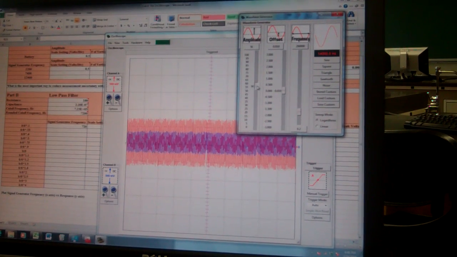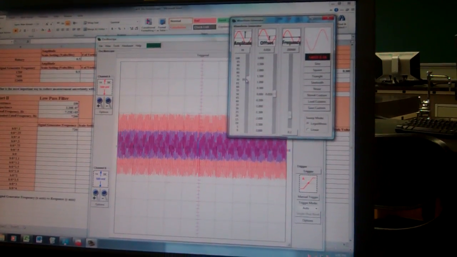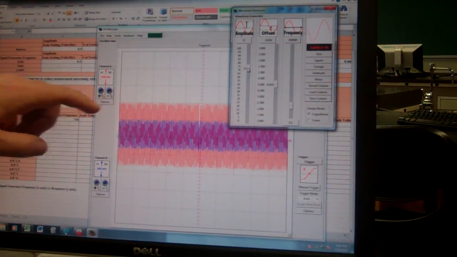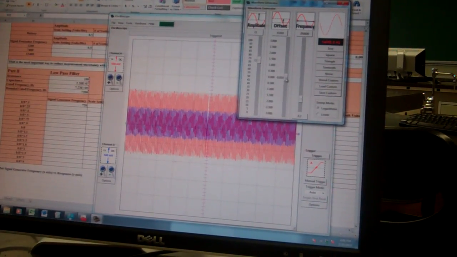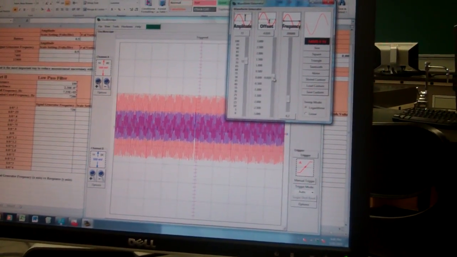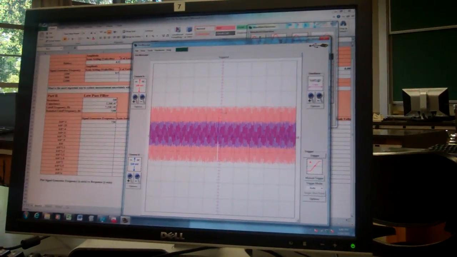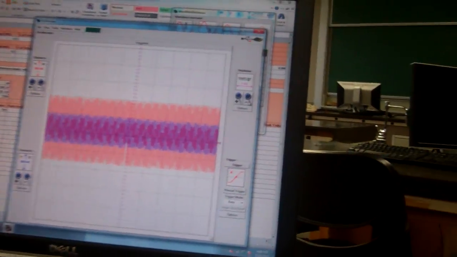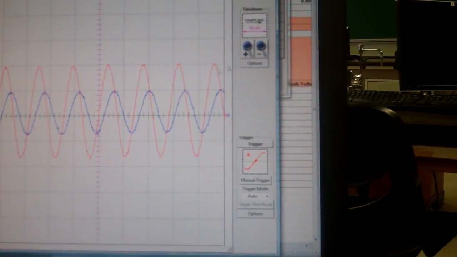You can make the red signal bigger and adjust it. Doesn't really matter. So let's get it right up to that line right there. And that's good. If we had to, we could adjust the offset. You can't always do that, but this time we can. And then we're going to have to change our sampling time to about, wrong way, I always go the wrong way. Well, that'll be good enough for now.